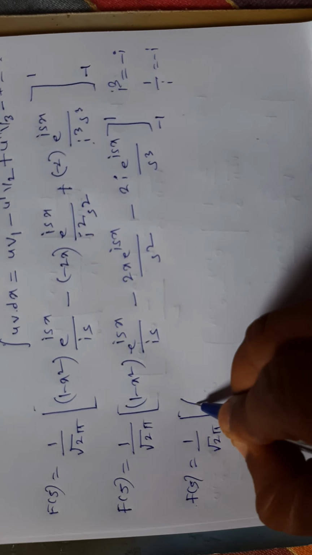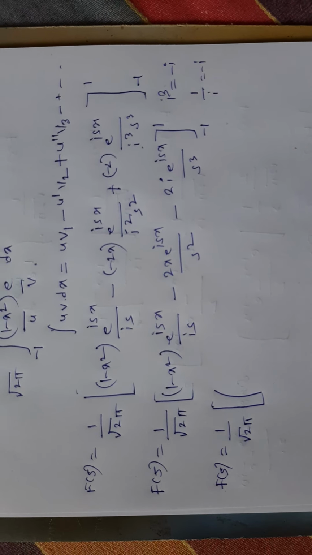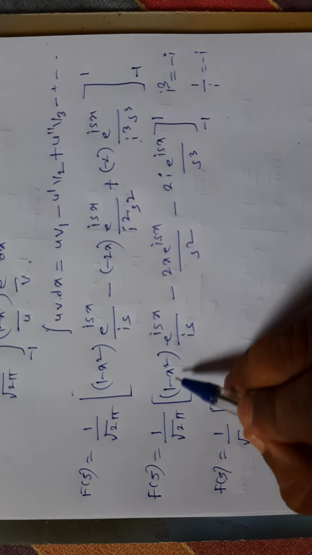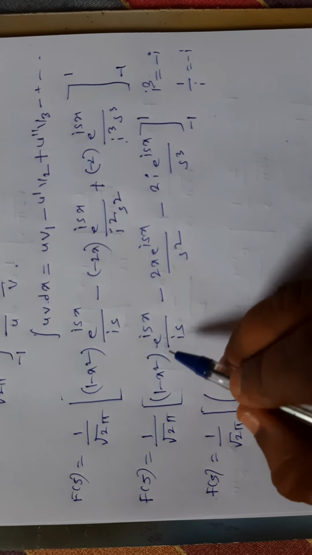Now I will put the upper limit. The upper limit is 1 here. 1 minus 1 square is 0. So this becomes 0 minus, and here also I will put 1: 2 e raised to is upon s square minus 2i e raised to is upon s cube. Minus the lower limit.